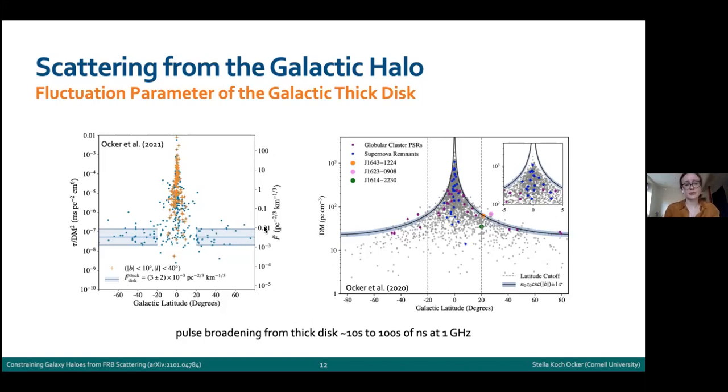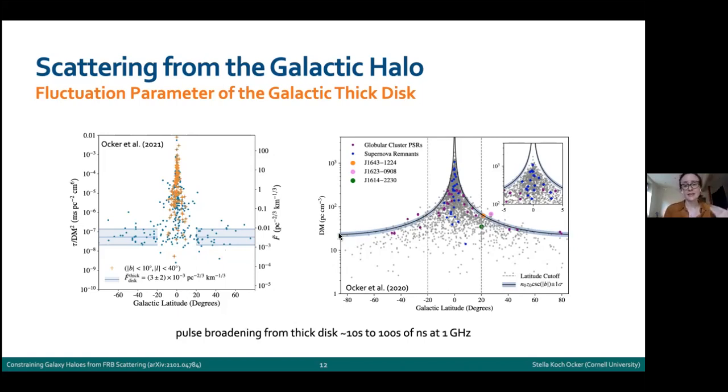Now, to get from a constraint on F tilde for the thick disk to a constraint on pulse broadening, we need to know the DM contribution of the thick disk. Here on the right, I'm showing you DM versus latitude for all galactic pulsars, and this black line is showing you the maximum DM contribution of the thick disk.